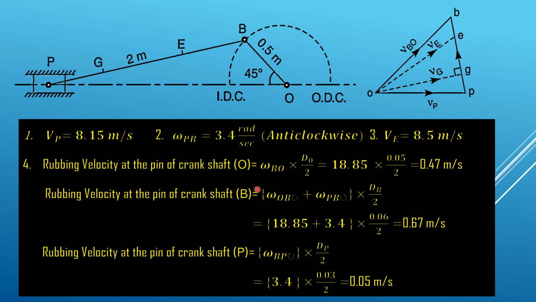Omega PB is in the anticlockwise direction, so the value of omega BP is in the clockwise direction. So this omega BP is 3.4. Already we have this value, into dP by 2, that is 0.03 by 2, which comes out to be 0.04 meter per second. So this way we can find out the rubbing velocity of the crankshaft at point P.